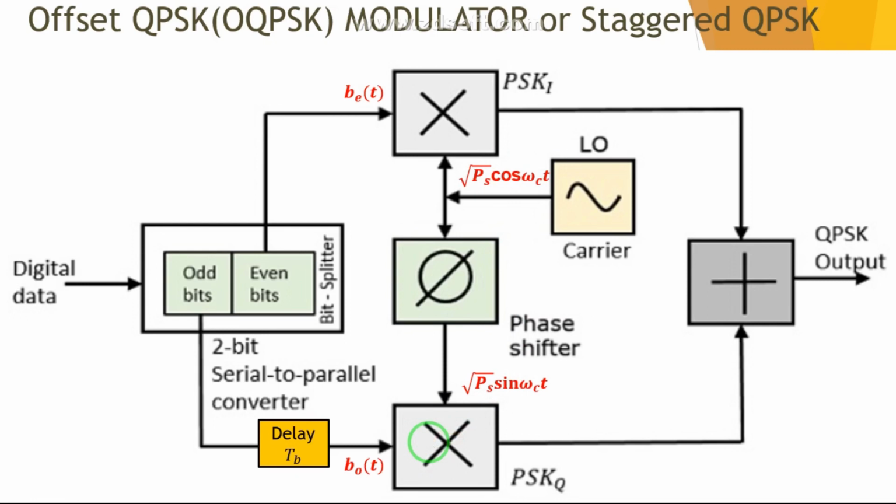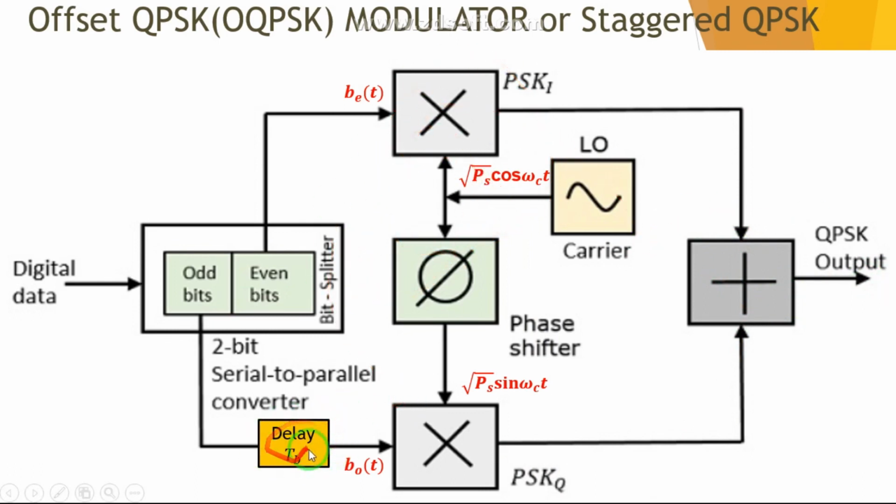The output of this multiplier and the output of that multiplier are BPSK 1 and BPSK 2. These two BPSK signals are added together to form the QPSK output. Hope you understood this modulator.